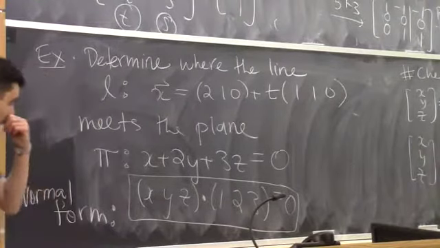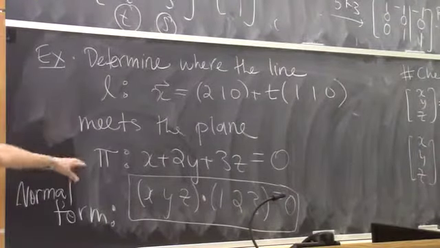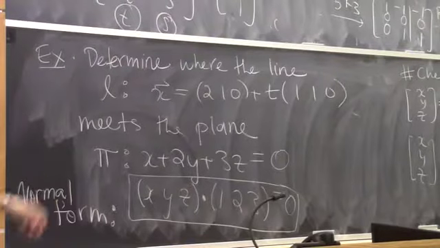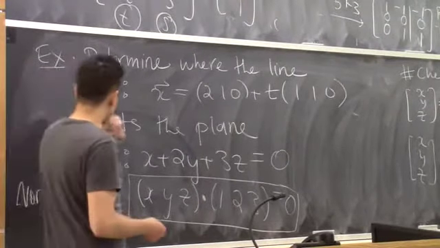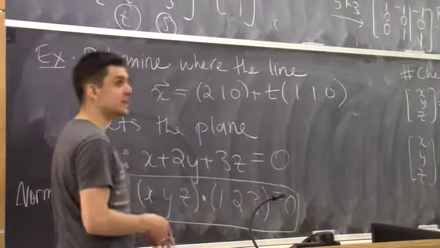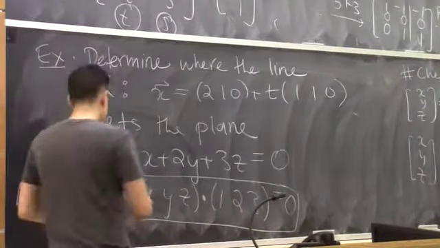So this equation is sort of a normal form representation. We've got the line, we've got the plane. Let's find out where they meet.